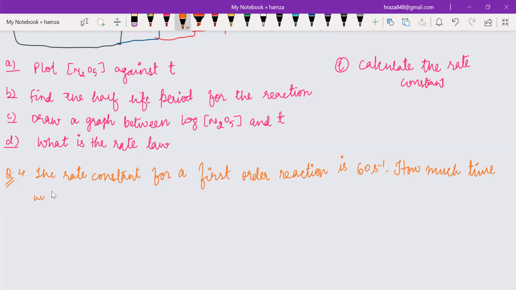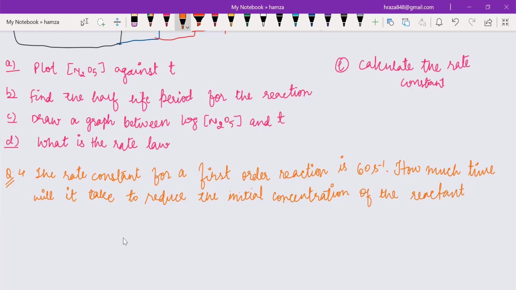How much time will it take to reduce the initial concentration of the reactant to its 1/6 value? Please do these questions.